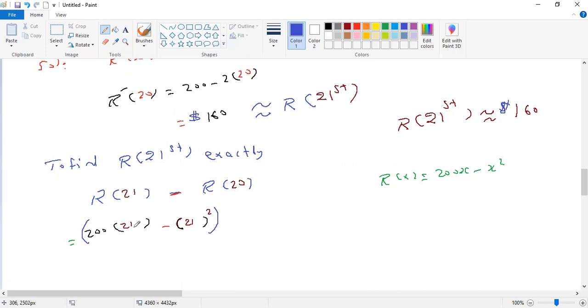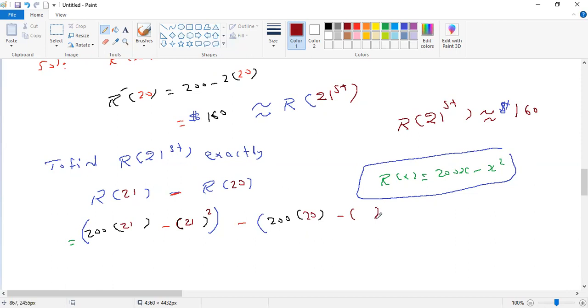Minus R of 20, the revenue from the sale of 20 units: 200 times 20 minus 20 squared.